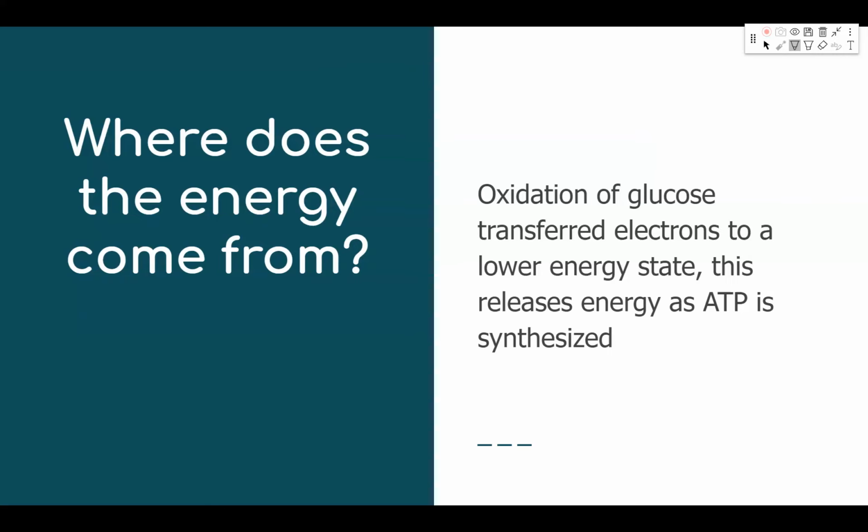We don't necessarily, in this course, need to know what it means to be a high energy electron and a low energy electron. We just need to know that we can go from a high energy state to a low energy state, and that transfer releases energy by synthesizing ATP. That's how we get our energy.